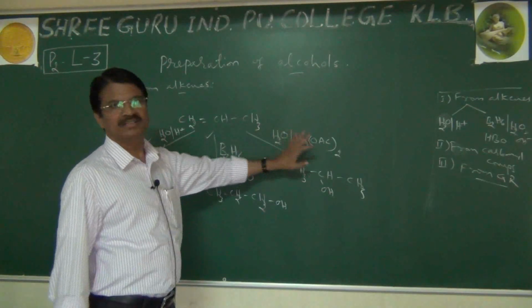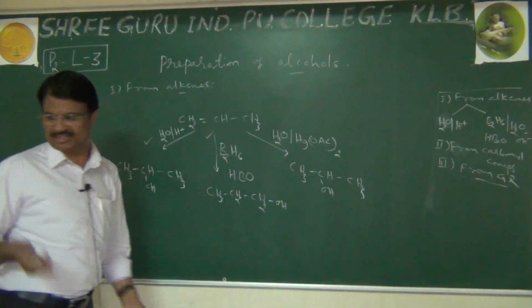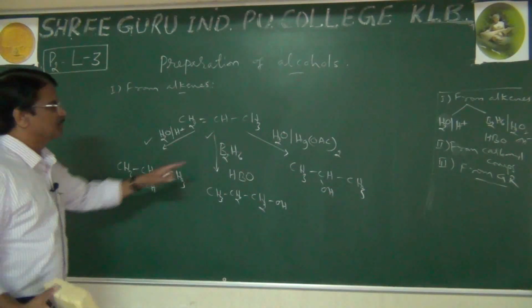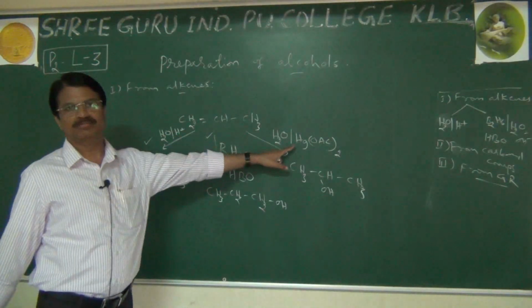Now we will explain oxymercuration, demercuration. This is not in the theory syllabus, but questions based on it can be expected in competitive exams. You see the mechanism of how water can add to the C=C using a mercury catalyst.